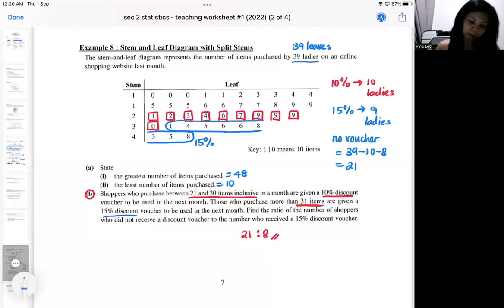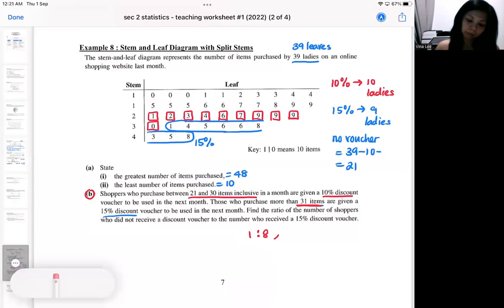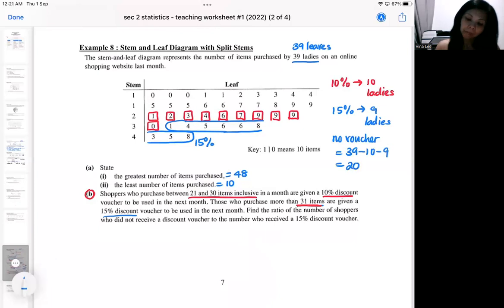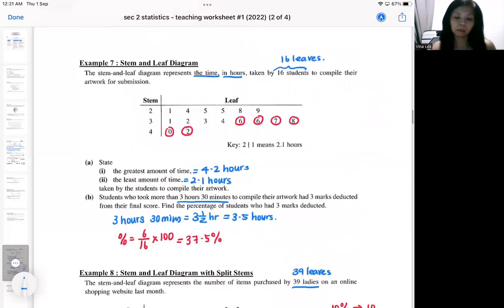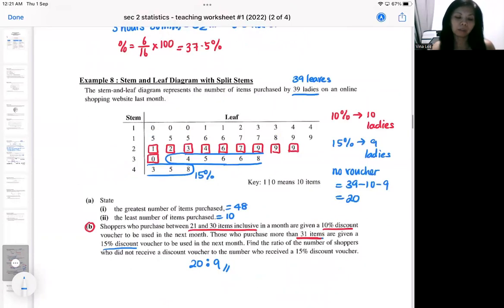From here, you should get 20, so the ratio will be 20:9. So there's a slight answer amendment. Stem and leaf is not so direct, so you've got to be careful of the reading. Always make sure you know what data you are reading.